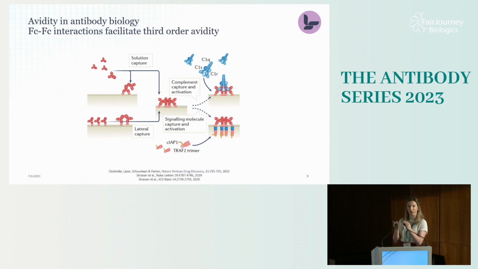They also allow for Fc-Fc interactions more easily, and antibodies can move laterally across the surface to be captured in this hexamer. And it's not only complement that can be activated via this process, but it was later shown that also outside-in signaling is possible by getting these antibody-antigen in this complex.